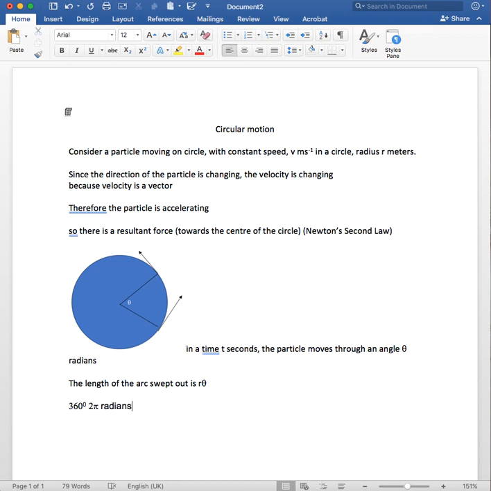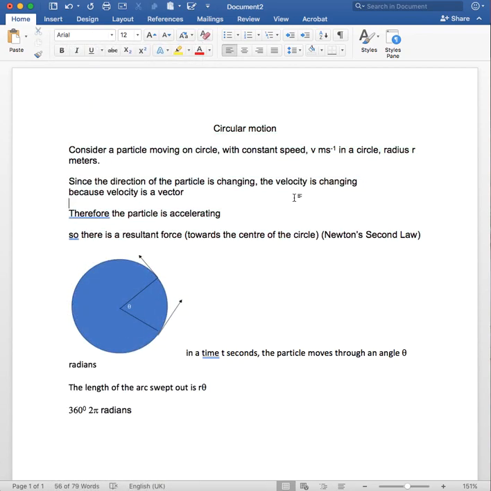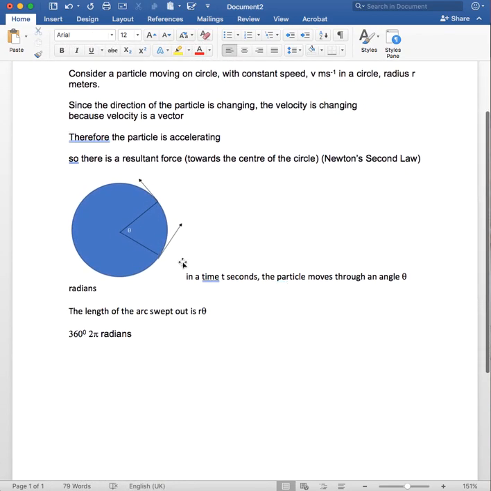Just in case you're unfamiliar with that, I'm not quite sure why this is a different font. I prefer Arial. Okay, so there's your relationship between degrees and radians.